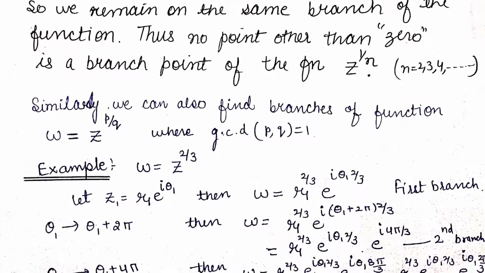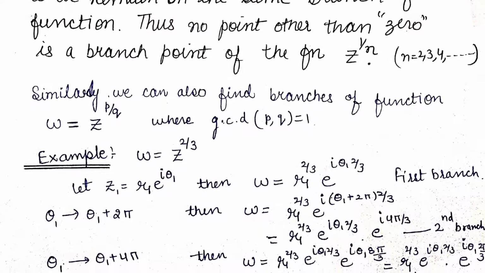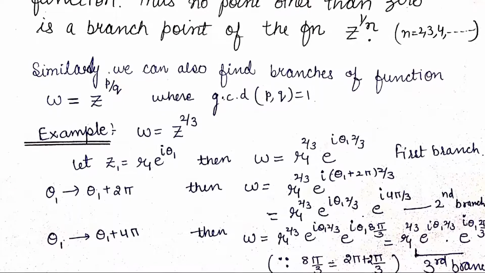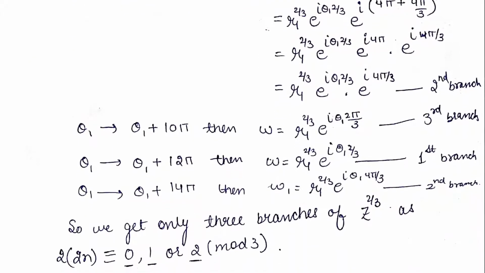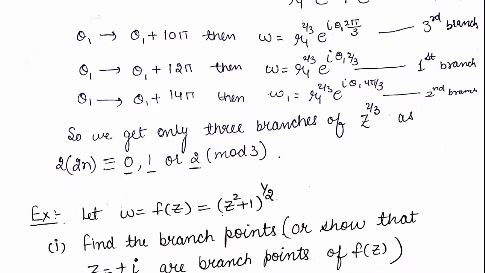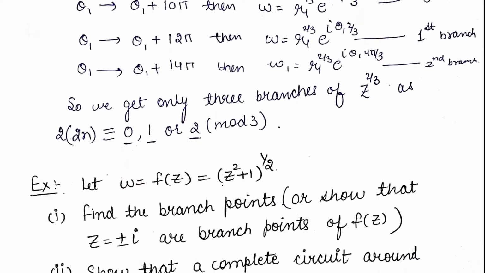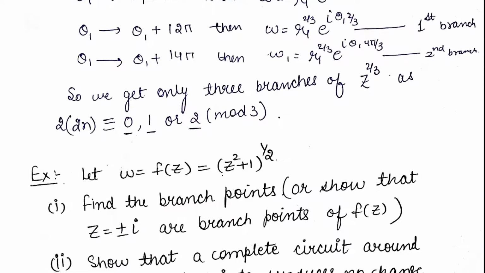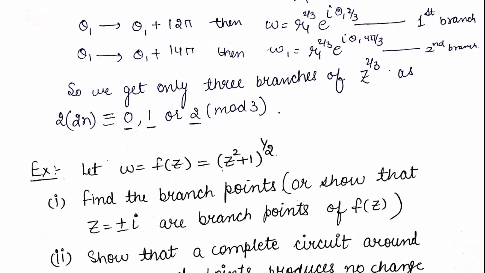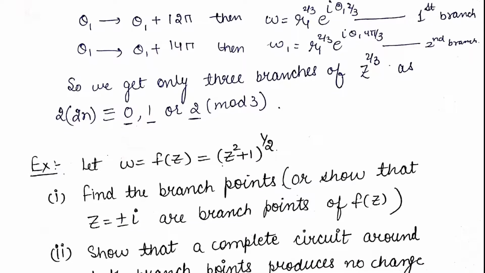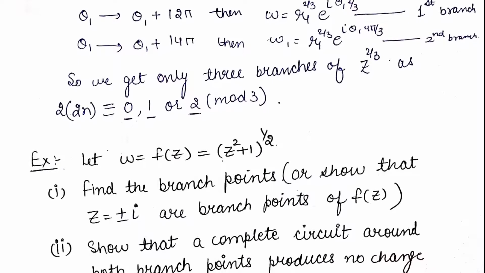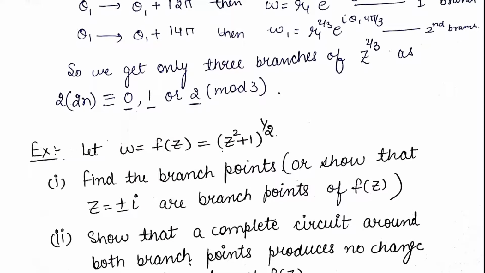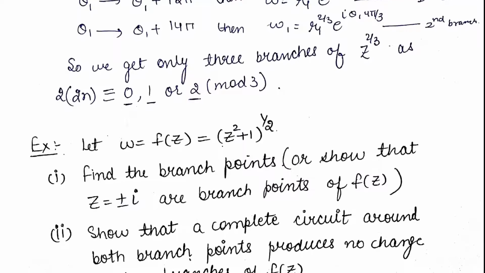I have explained in the example the different branches of the multi-valued function, and I have done one more exercise for you, taking the function w is equal to z square plus 1 raised to power 1 by 2. And in this exercise, I have solved two problems. The first problem is to find the branch points or show that z is equal to plus minus iota are the branch points of the function.